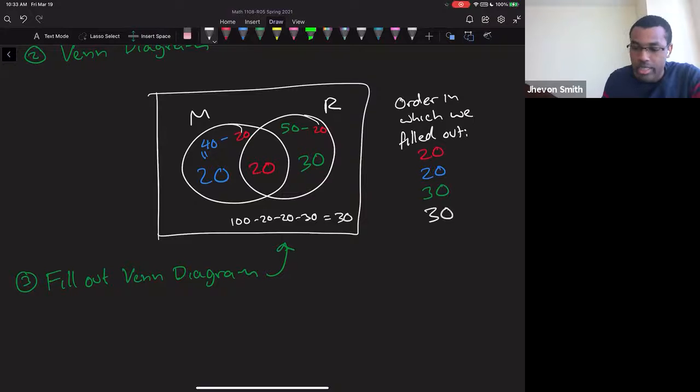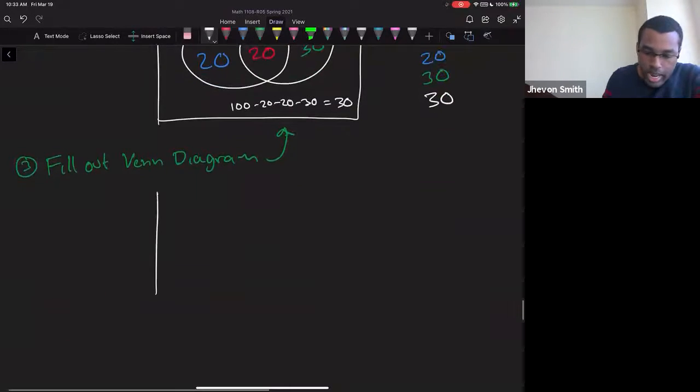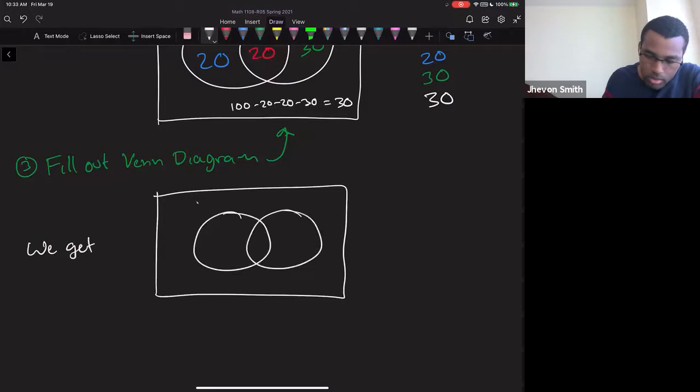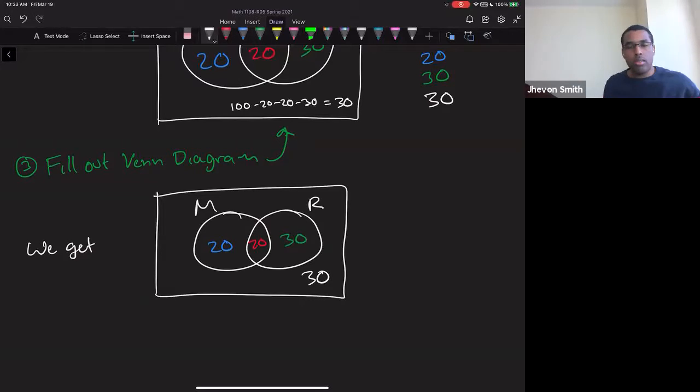So then I fill in the last 30. So this leaves me with a diagram like this: 20, 20, 30, 30. Let me keep the colors here because that's going to be important for later. Okay, so that's how your Venn diagram will be filled out.